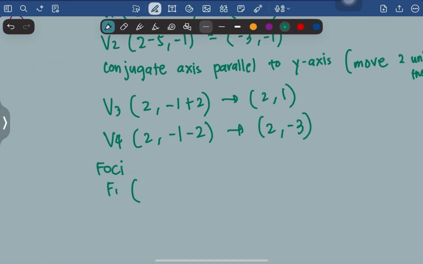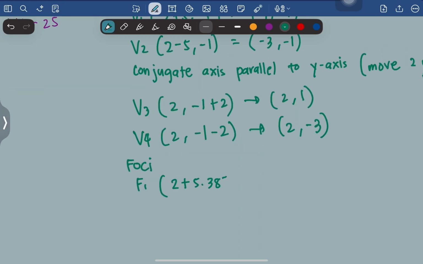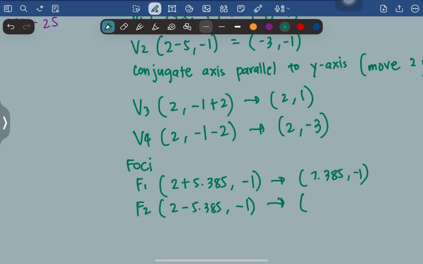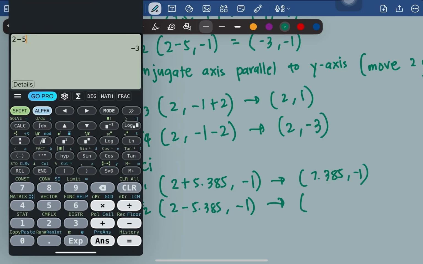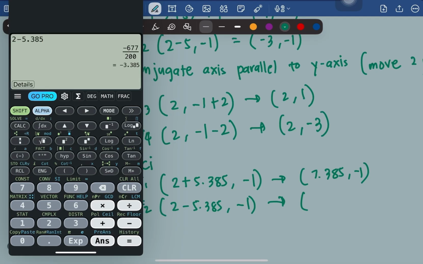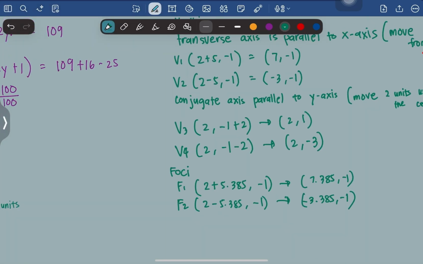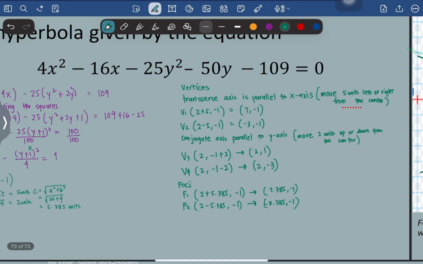So 2 plus 5.385, negative 1. So this becomes 7.385, negative 1. Then F sub 2, 2 minus 5.385 is negative 3.385, negative 1. So those are the coordinates of the foci.